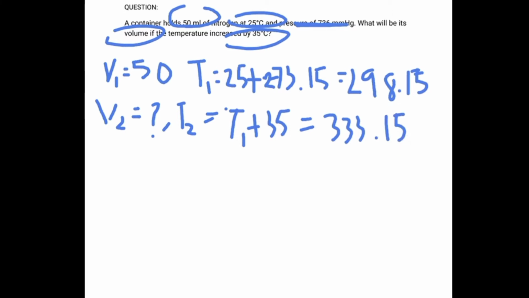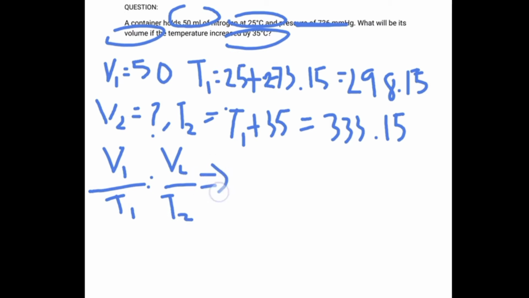The formula is V1 over T1 equal to V2 over T2. So just insert the values: 50 for V1, T1 is 298.15.